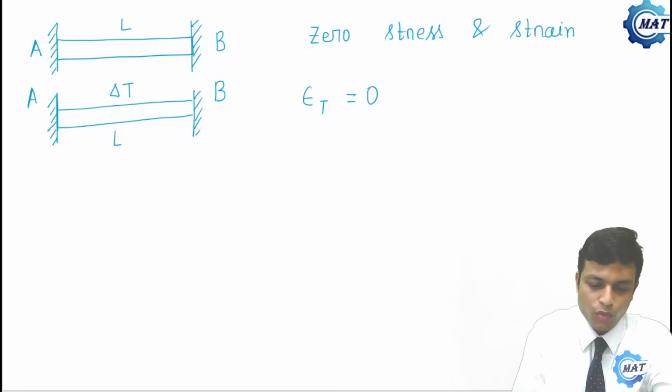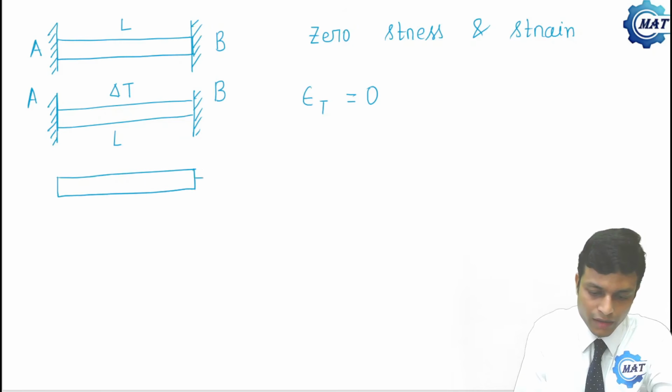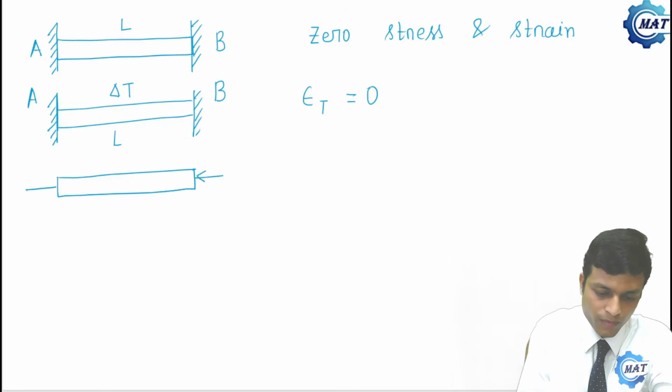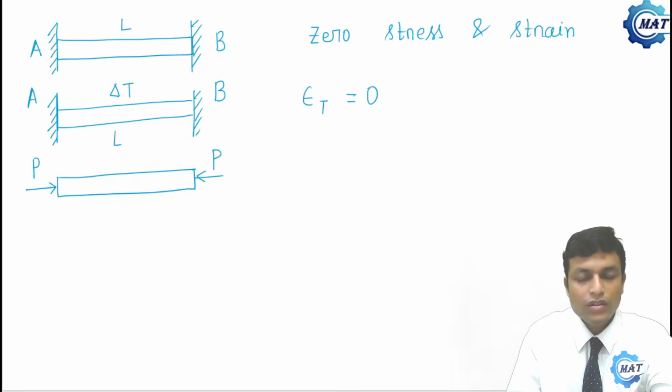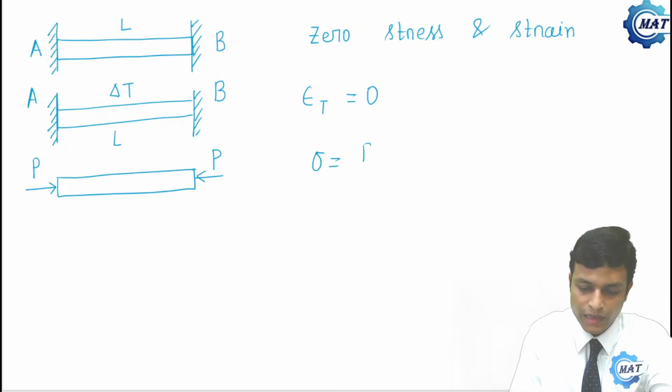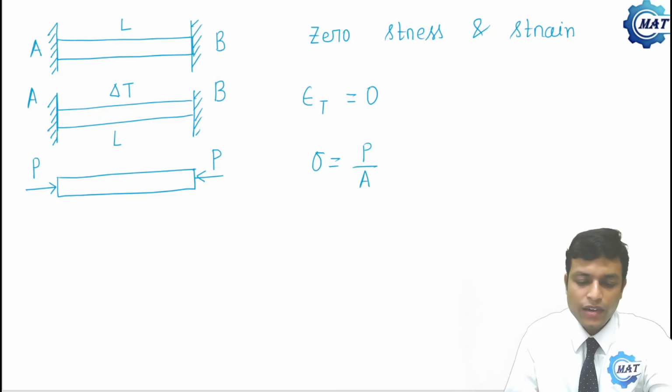These two fixed supports are producing a compressive force P and P. Due to that, it cannot elongate. Now what is the value of P, or what is the thermal stress? Thermal stress sigma is P by A. But the value of P we cannot find out from the equations of statics.